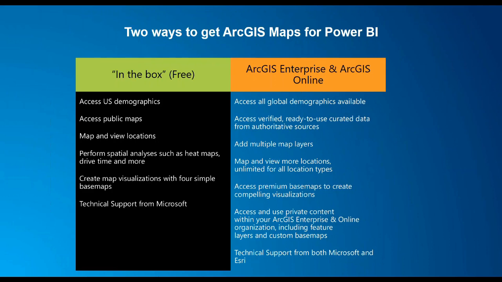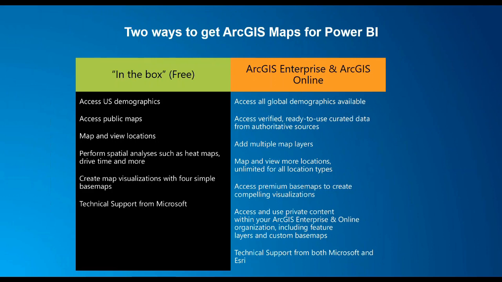Extend that to actually having your own ArcGIS license, be that either an enterprise or an online one. You have the world demographics. You can use all the ready-to-use curated data that we make available from Esri. You can add in multiple map layers to your map, so that's one very big difference. You can see more locations, unlimited for the number of location types. You have access to your premium base maps.